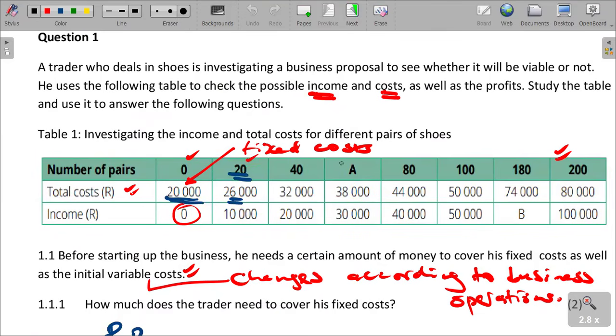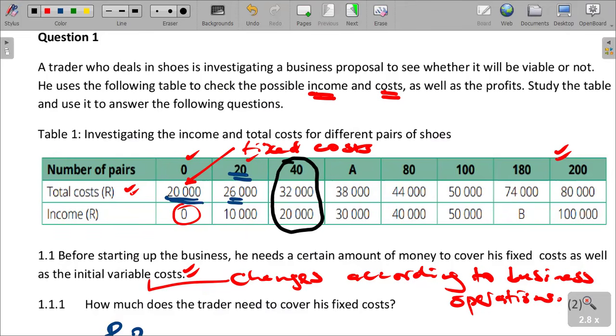At 40 pairs of shoes, the table shows the total cost and the total income.